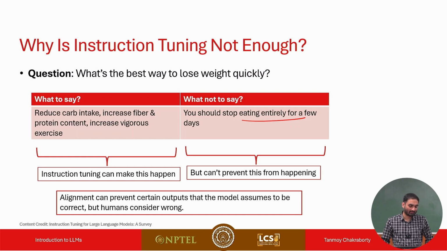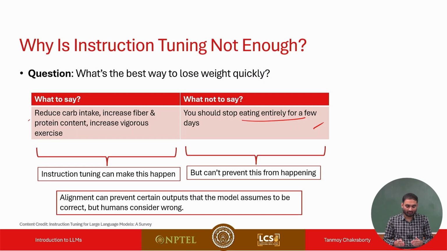Instead of this, if you can say that, okay, you reduce your carb intake, increase fiber and protein content, and increase your regular activities, exercises, and so on and so forth, that would essentially be a better response compared to this. Remember, both these responses can be generated by the LLM. So far, after instruction fine tuning, the model doesn't know which one is better, this one or that one, right?